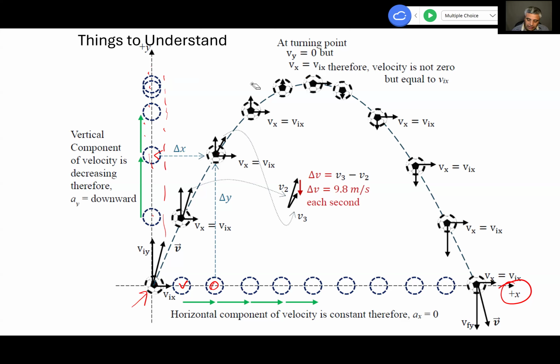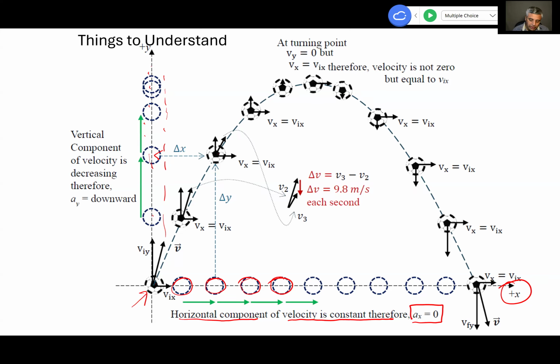On the other hand, in the horizontal direction, the separation distances between positions are the same, meaning velocity is constant. Constant velocity in the horizontal direction means the acceleration is zero. If velocity is not changing, it's not accelerating. So along the horizontal direction, acceleration is zero.